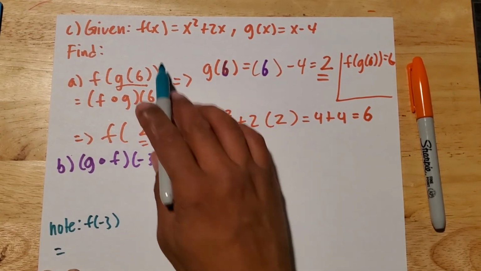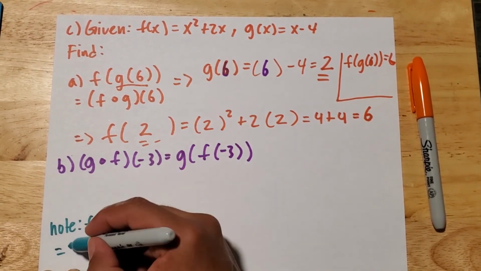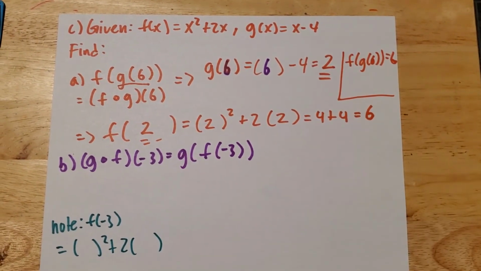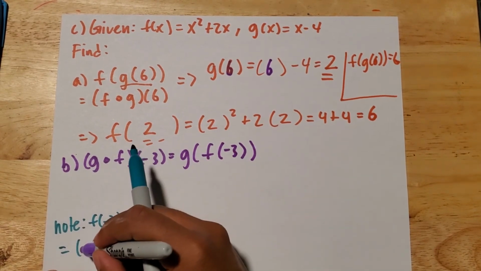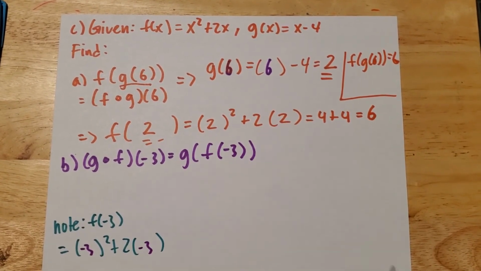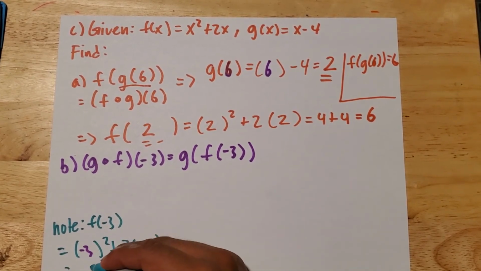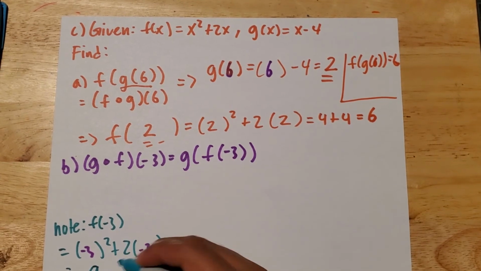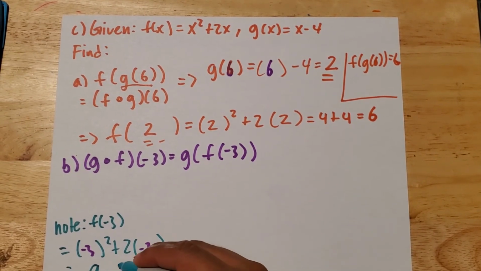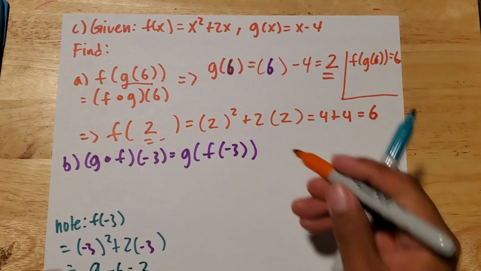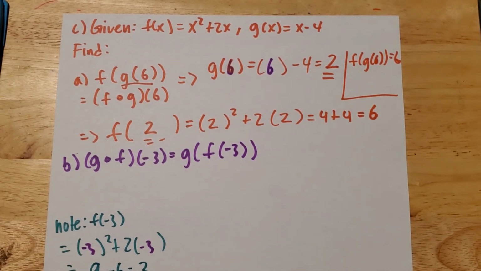Which I'm doing is everywhere there's an x for this f of x, I'm replacing it with a negative 3. So a negative 3 will go in here. A negative 3 will go in here. And that simplifies. Well, I know negative 3 in parentheses squared is 9. And then 2 times negative 3 is negative 6, which leaves me with a positive 3.